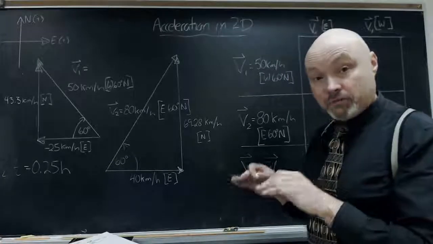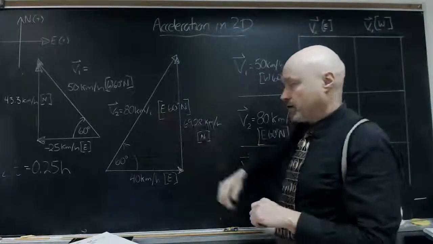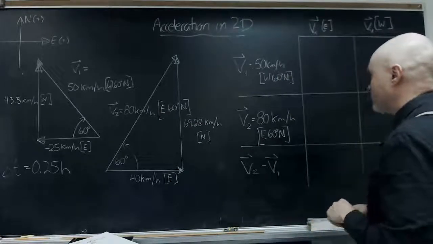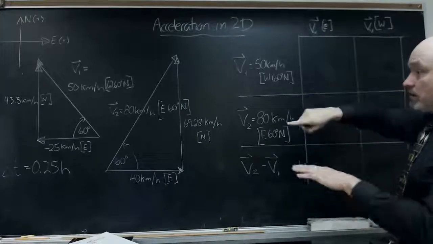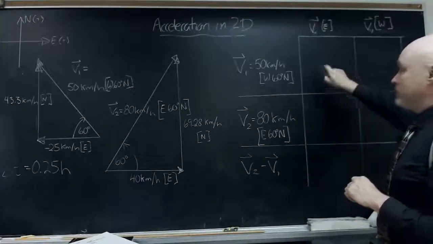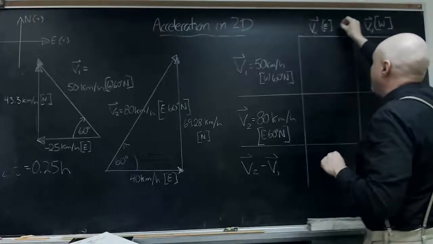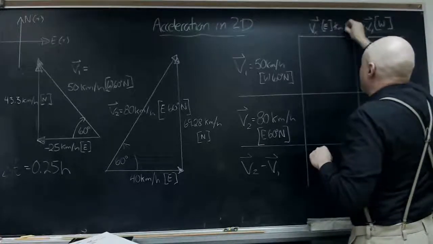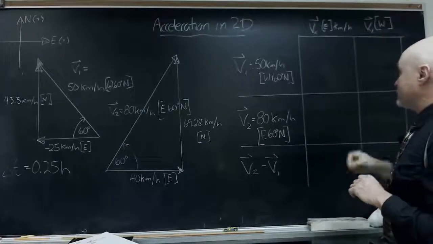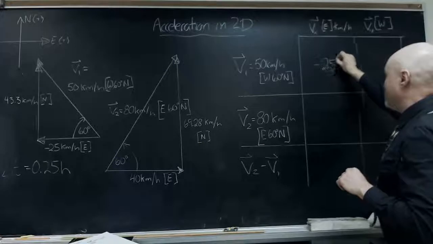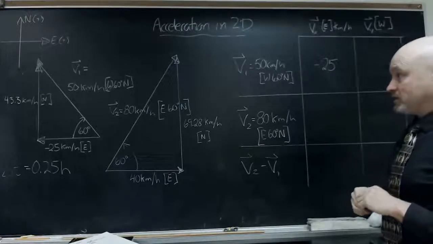It also helps you keep the information organized, even though this might look an awful lot like a dog's breakfast at this point. Okay, let's break V1 into its two components, or at least let's record them in here. So the velocity to the east, and this is going to be in kilometers per hour, so that I don't have to write the messiness down. It's negative 25 kilometers per hour to the east. That's my initial velocity.